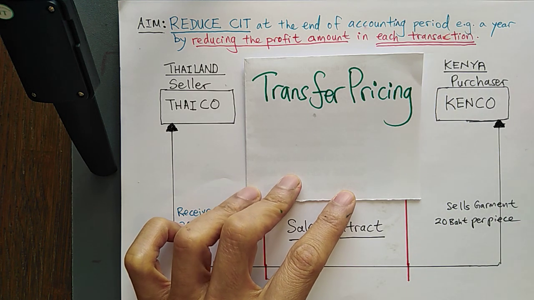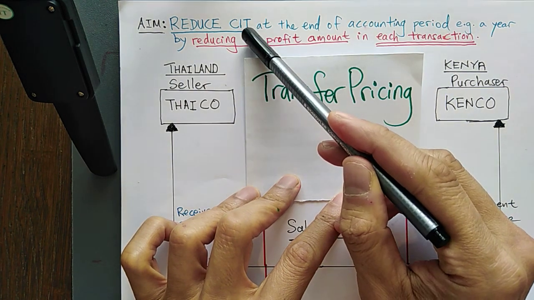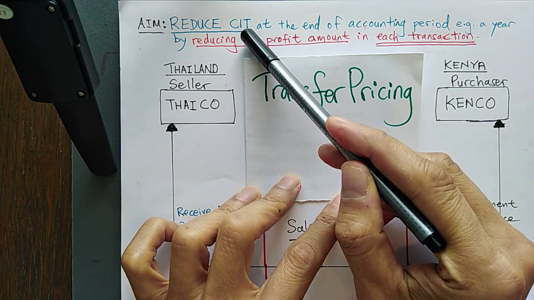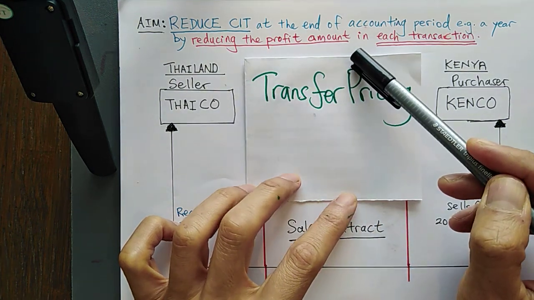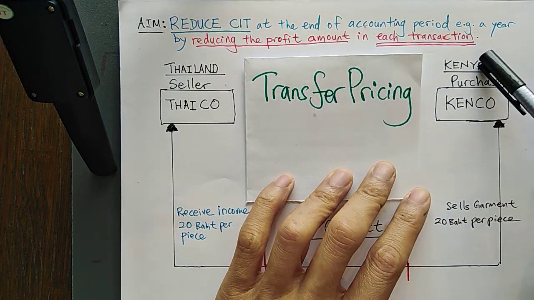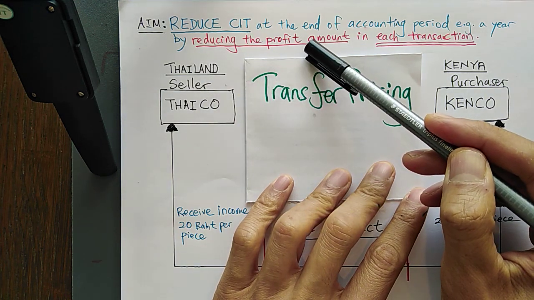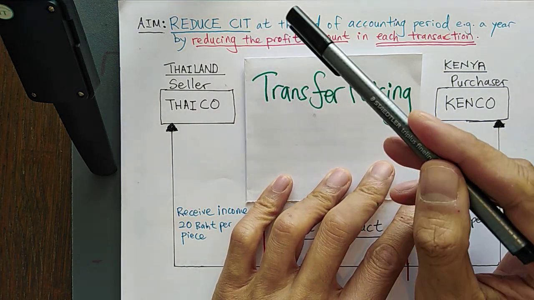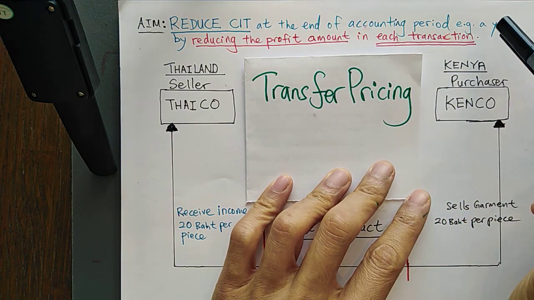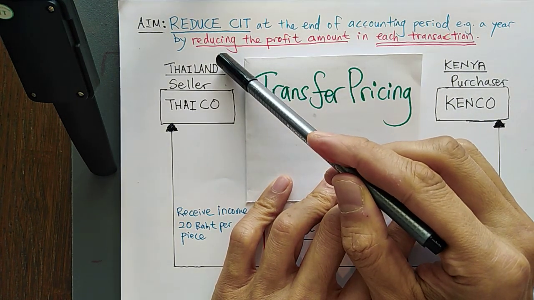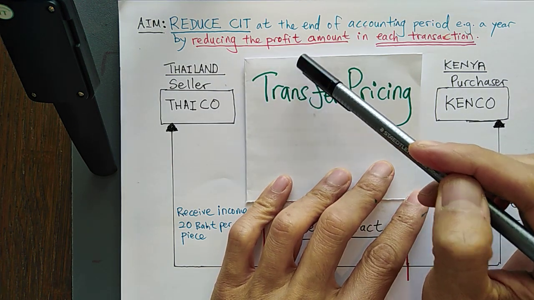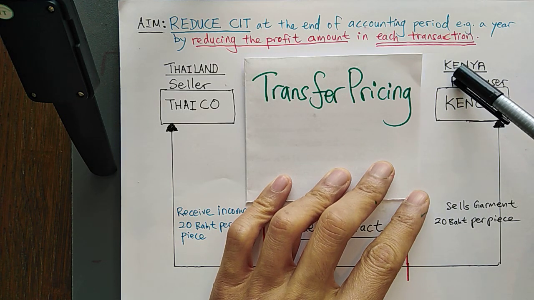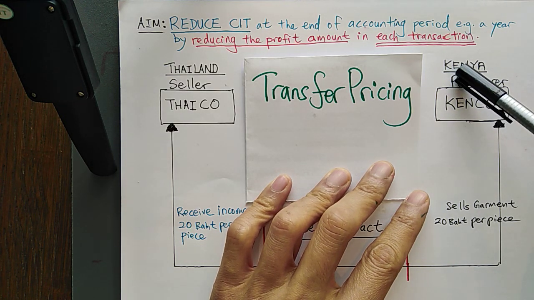The reduction of this corporate income tax is done through reducing the profit amount in each transaction, in the purchase price or the services sold.